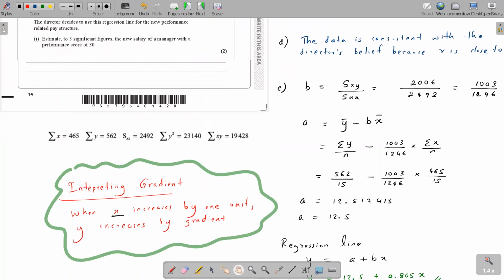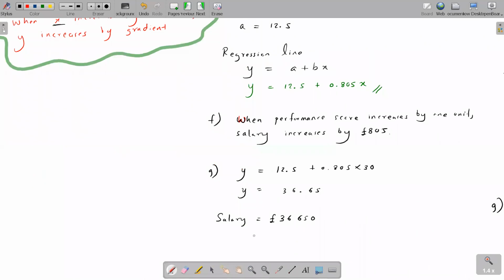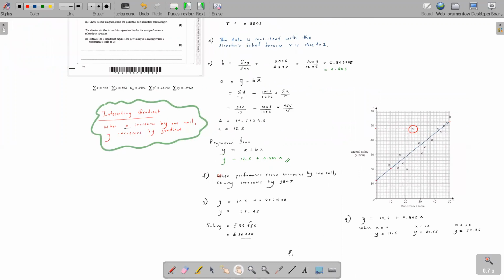Estimate to 3 significant figures. So 3 significant figures, what's the salary? 36,000, the fourth figure is 6, so it rounds up to 36,700. So 36,700 pounds is the salary of a person who has a performance score of 30. Okay, so quite a large question.